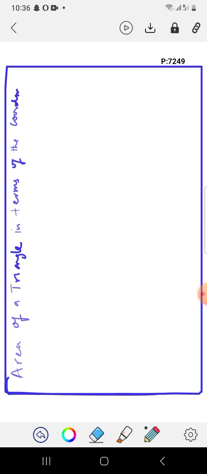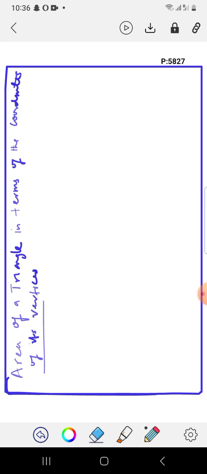So how to find the area of a triangle in terms of the coordinates of its vertices.